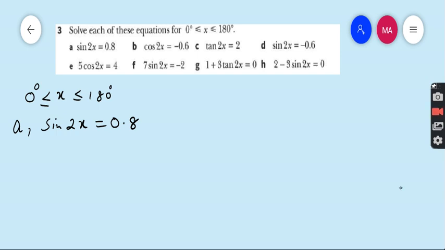So if we convert this x, the middle one, to 2x, we should multiply the whole domain by 2.